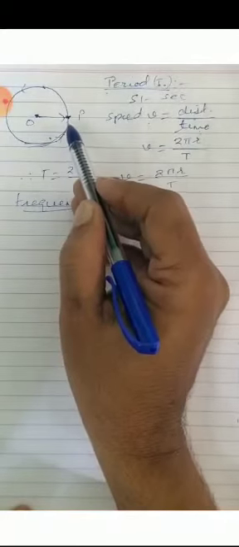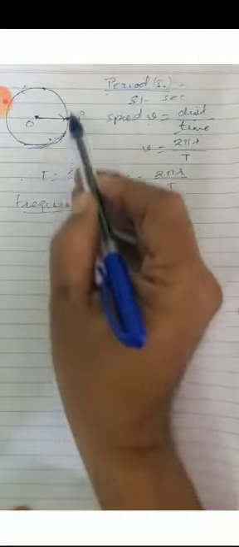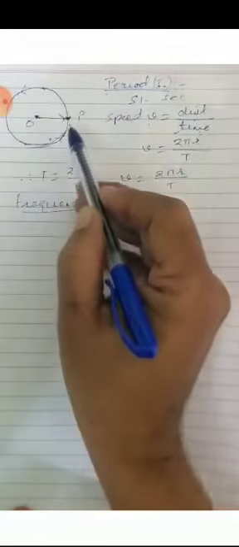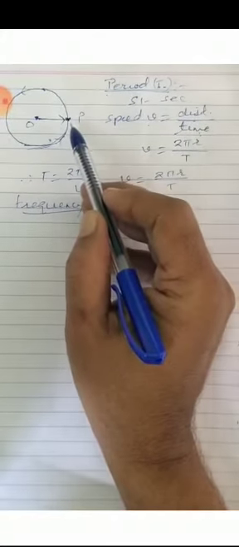This is about period. Now let us see frequency. Frequency is generally denoted by N or F. These are the different symbols for frequency. What is frequency? The number of revolutions completed by that particle in unit time, meaning in 1 second. How many revolutions are done by that particle in unit time, meaning in 1 second.